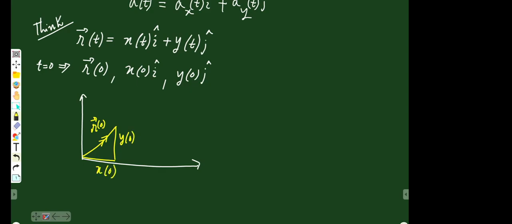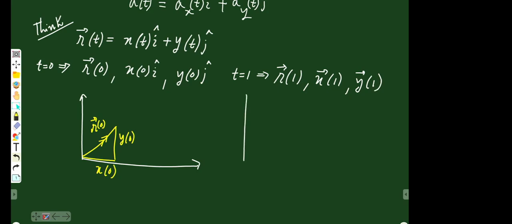Okay. Now when t is equal to 1, you get r of 1, x of 1, y of 1, right? So that can be like this, right? So this can be y of 1, this can be x of 1, right?